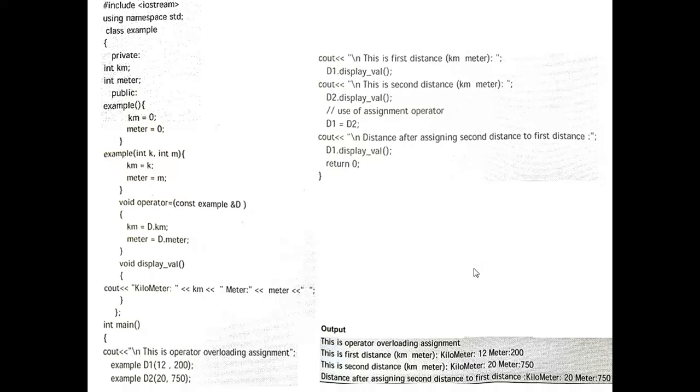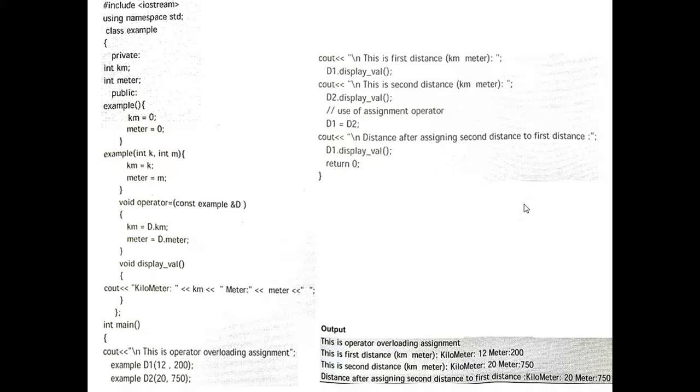Therefore, we have written is equal to. We want to overload this is equal to, and afterwards we have passed one argument, that is const Example &d, where Example is the type. In this program we have used only the integer type, therefore instead of writing integer, we have written Example over here.